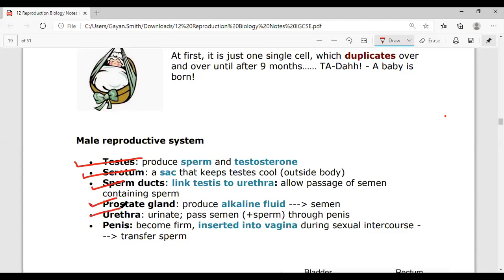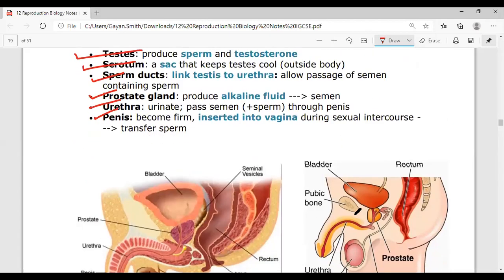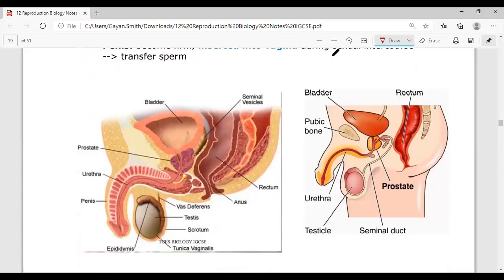And there is also the urethra, which passes urine for the males, as well as semen during intercourse. And the penis itself is the organ that becomes firm and is inserted into the vagina during intercourse for the transfer of sperm.